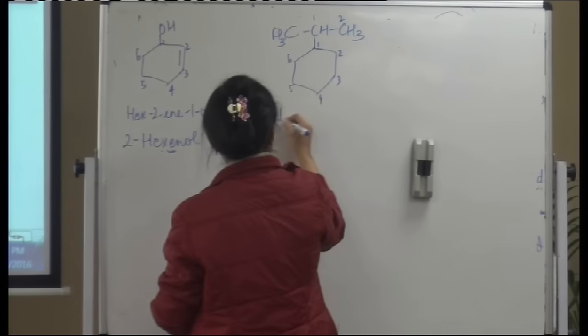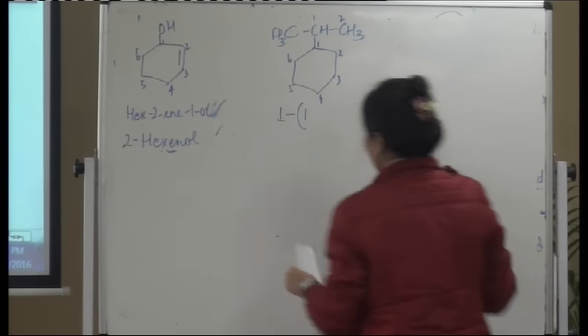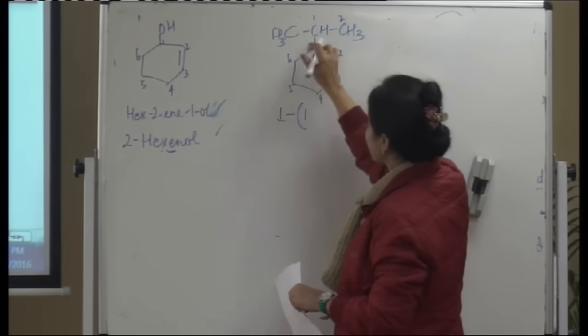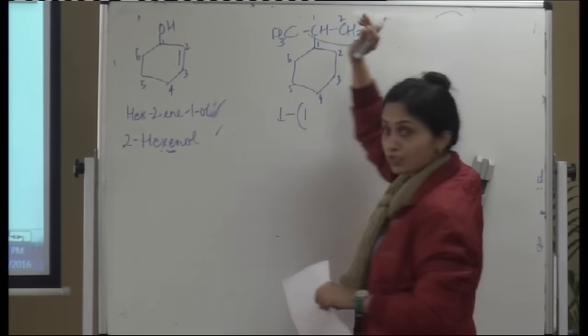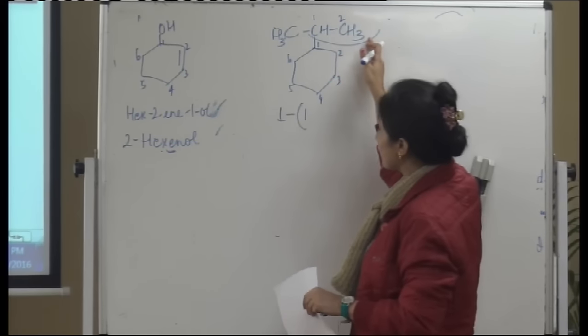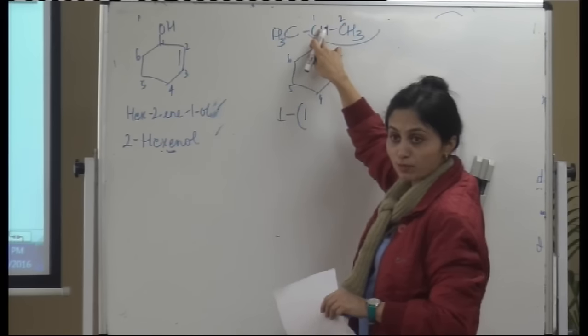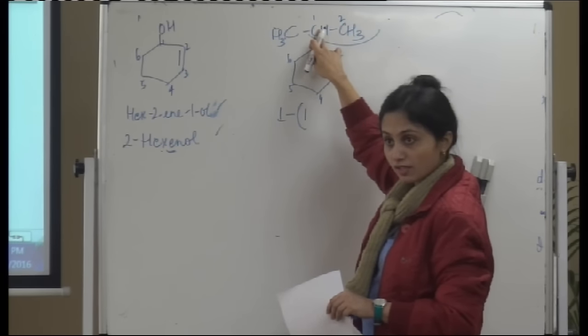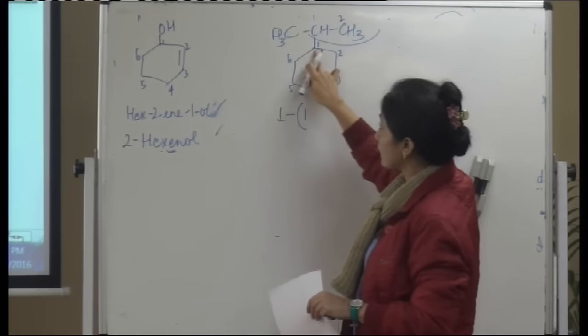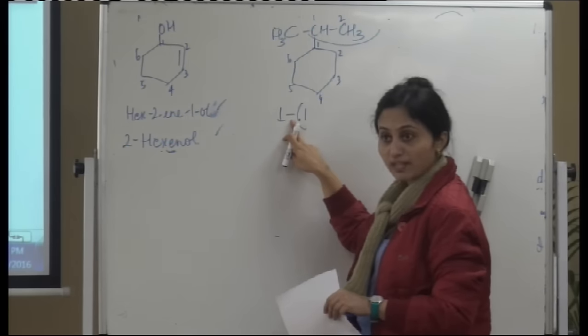So here you have 1, and now you will have to name this. This is now your side main group. So this is your ethyl, and that ethyl also has a methyl attached to it at the 1 position. Got it? This entire side group is at the 1 position. So at the first position, I start naming my side group now.